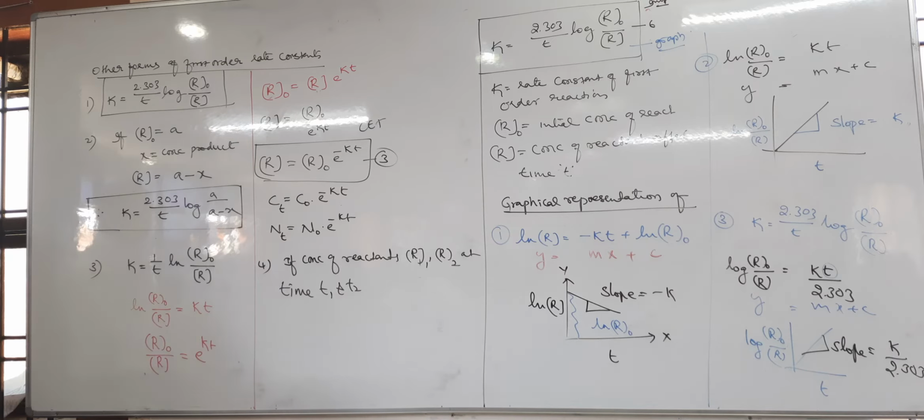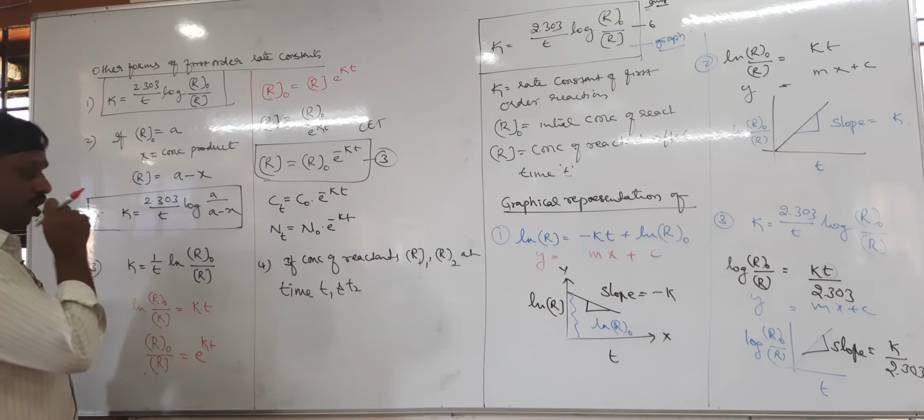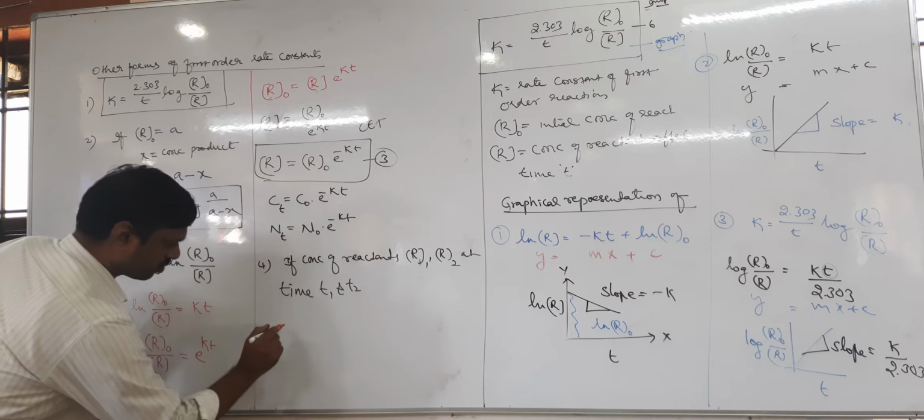So at times T1 and T2 the concentrations are R1 and R2 respectively. Then what is the rate constant of a first order reaction?